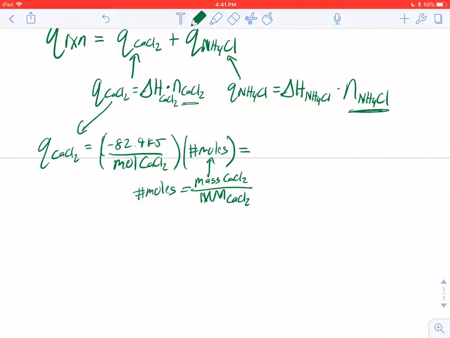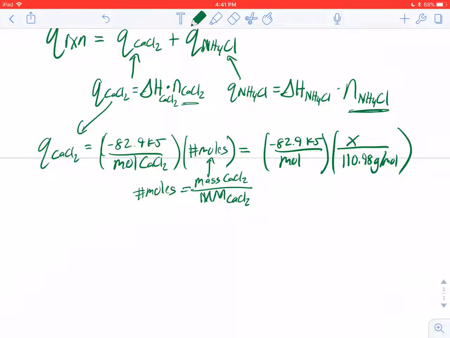So we can say now the Q of our calcium chloride is negative 82.9 kilojoules per mole of calcium chloride times the number of moles, which is going to be X. I'm going to call our mass of calcium chloride, and the molar mass 110.98 grams per mole of calcium chloride. So now we see we have a per mole and a mole, and so that cancels out.